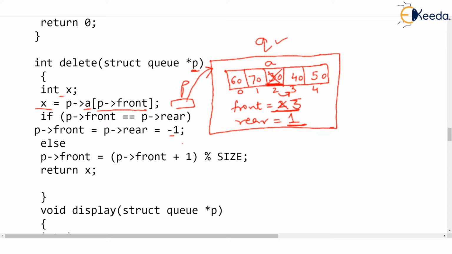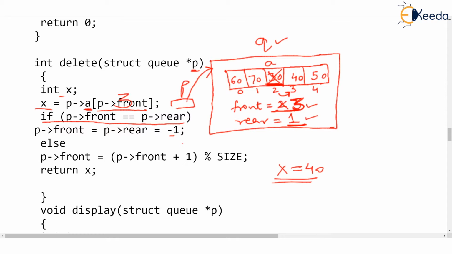Check here in the box, front is 3. In that case, this third element of the array will be stored by X. So obviously X will be 40, and it has to be because now the frontmost element of the queue is 40. We again ask, is front equal to rear?